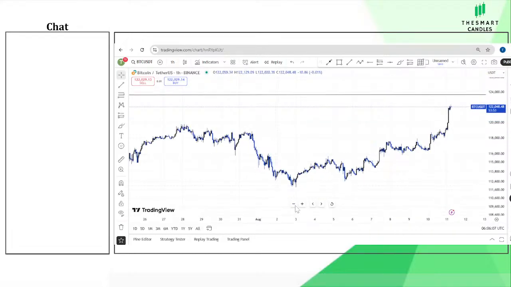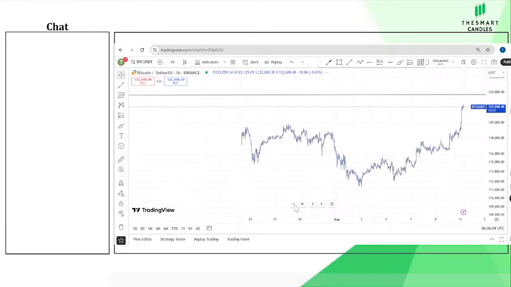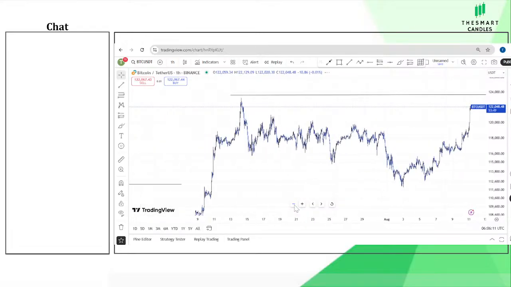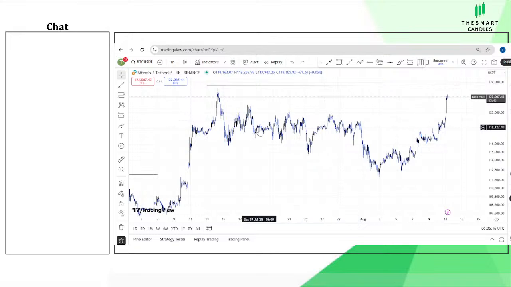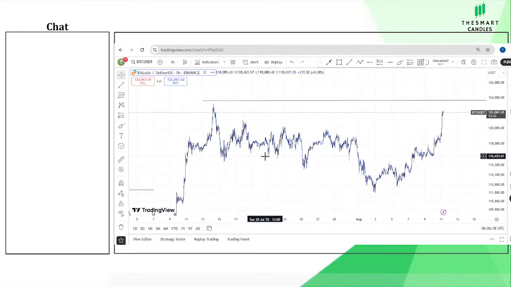If I put this chart together, you will see the clear price action better. If you look at what was happening on BTC from this high, notice there was a change of character at this point, and the market tapped into this first order block here.